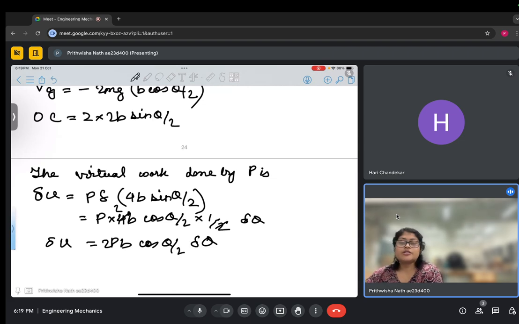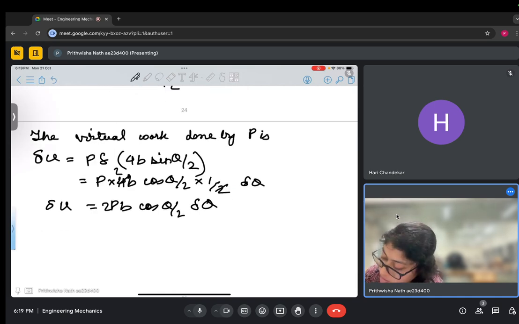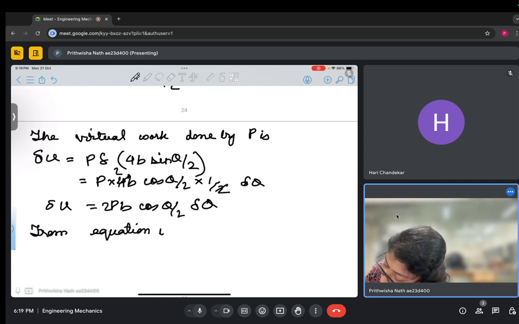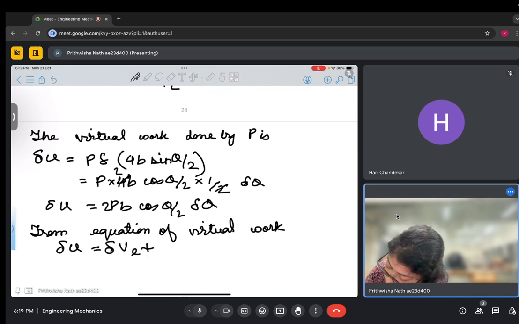Now from the equation of virtual work, what can we write? I just need to substitute all the values.